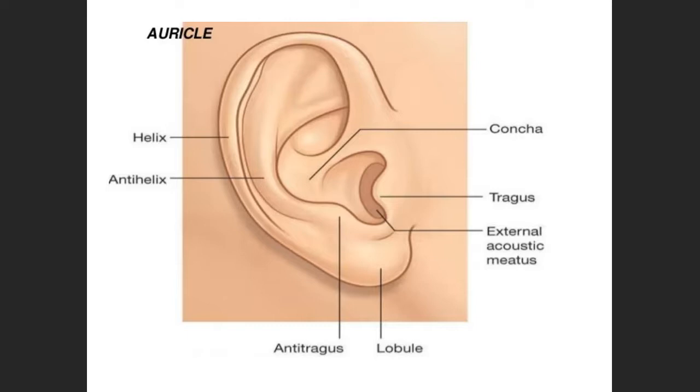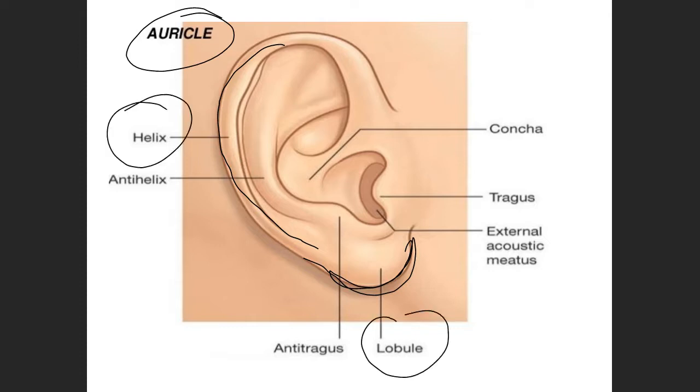When it comes to structures of the auricle, which is what we call the ear, the rim out here is the helix, and the lobule is the end of the helix right there. Those are probably the only two structures on your list.